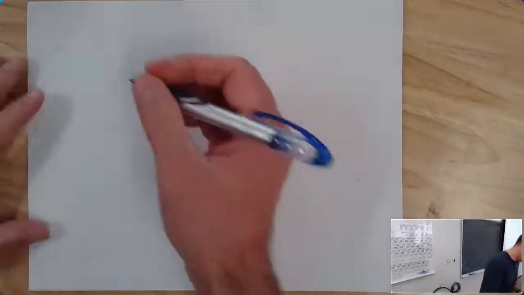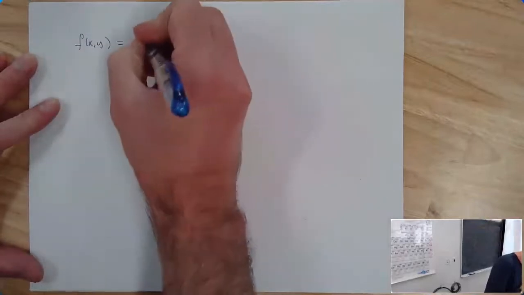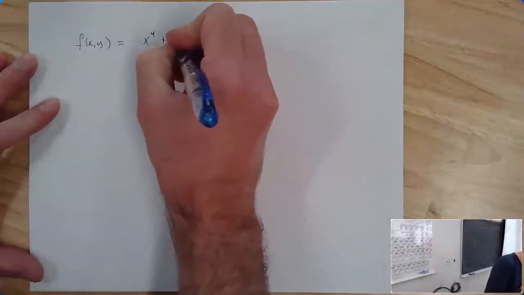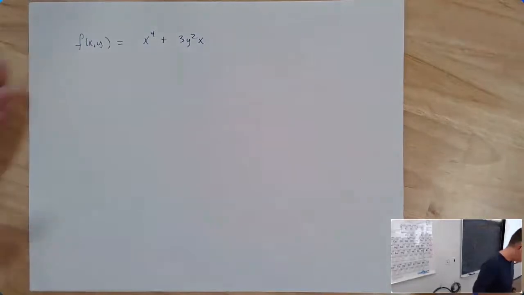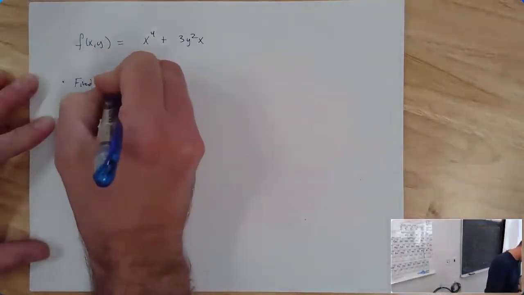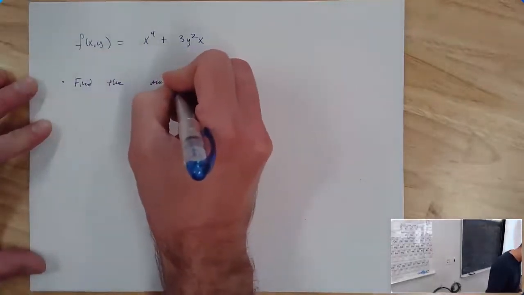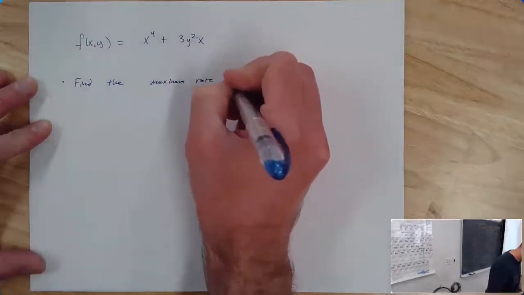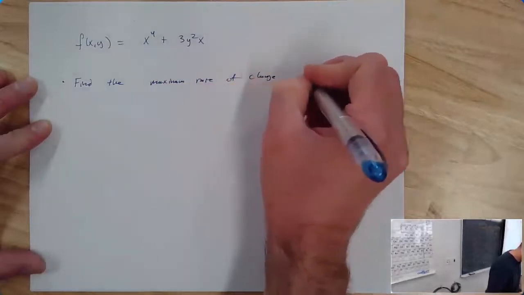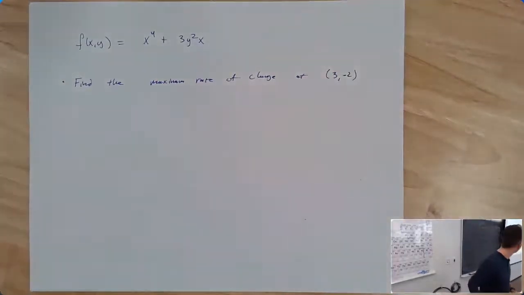Let's do some practice. Let's say, for example, we have the following function, and we want to find the maximum rate of change at the point 3, -2. Go for it.